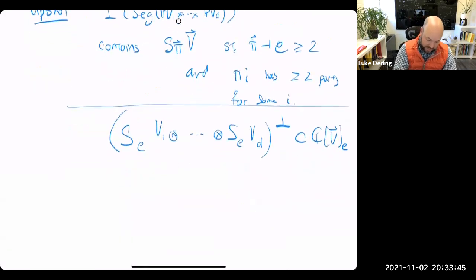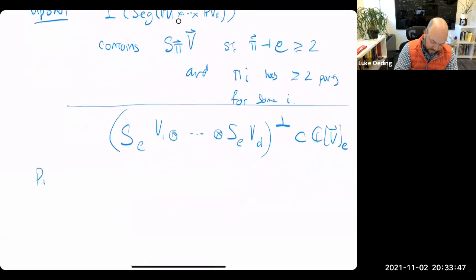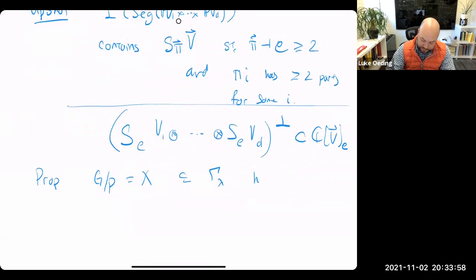there's a theorem, so an easy proposition for G mod P, X inside of some gamma sub lambda highest weight representation, or in its minimal embedding.